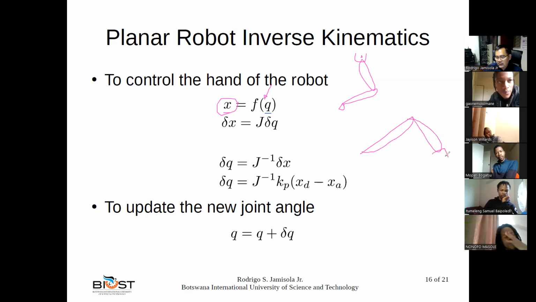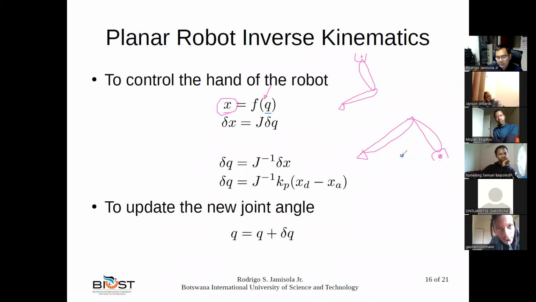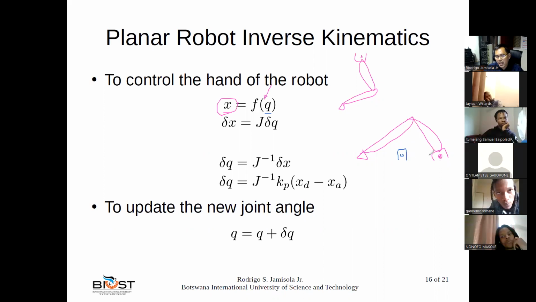if the hand does a pick and place, it will place this object into the second location here, for example. So the question is, how will the robot move so that the object that it picks will be transferred to here?